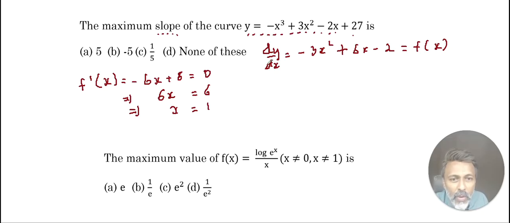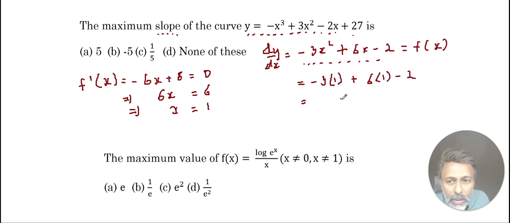Put x is equal to 1 in your given function. When you put x as 1 here, you will get minus 3 into 1 square is 1 plus 6 into 1 minus 2. This gives you 6 minus 5, which is equal to 1. Let's therefore mark D, none of these. Answer is 1.